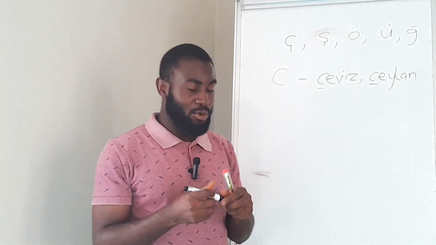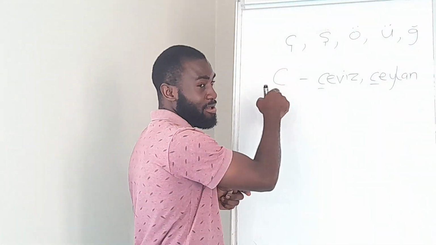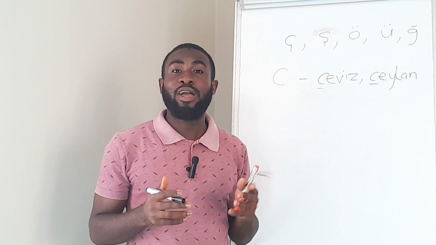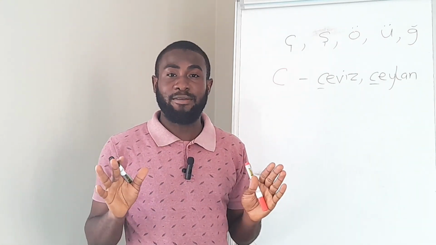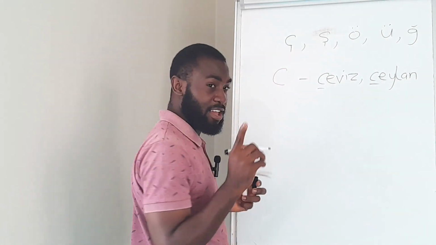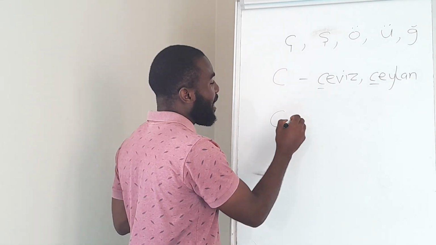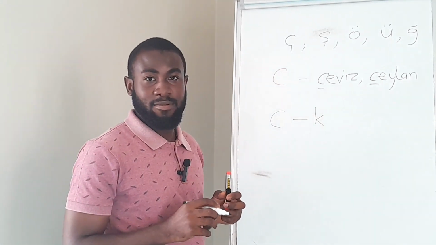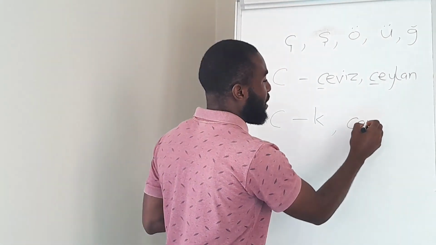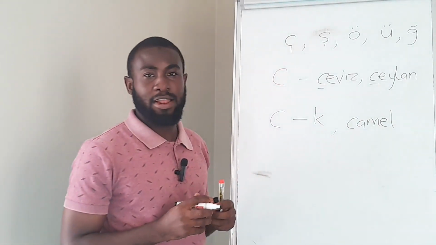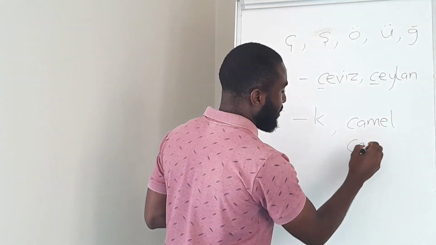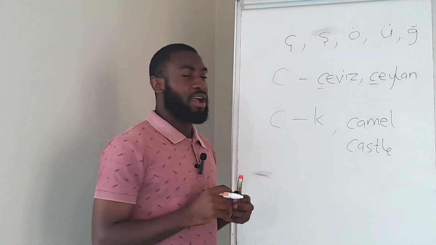in English this letter is not pronounced reliably. For instance, the letter C in English can be pronounced as K, for example camel, camel, castle, castle.